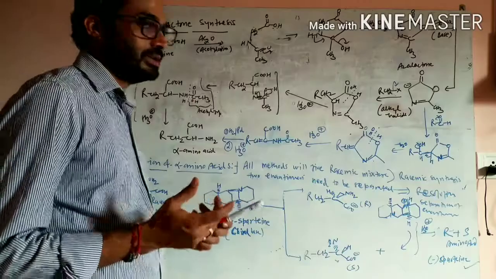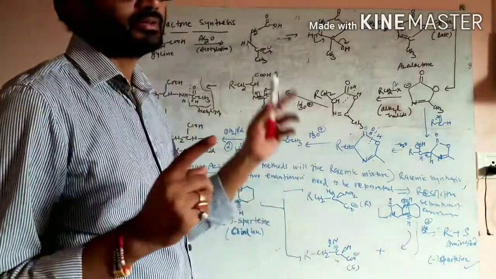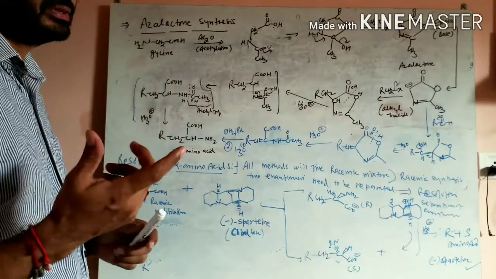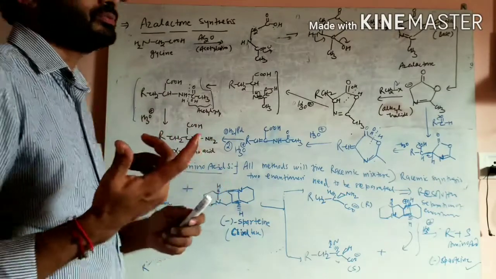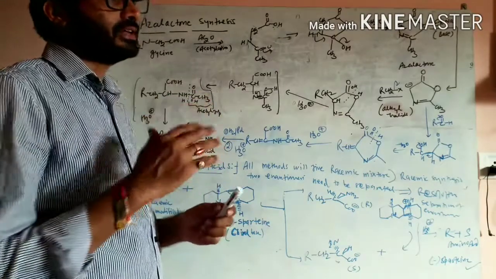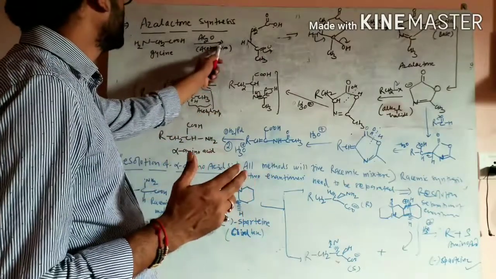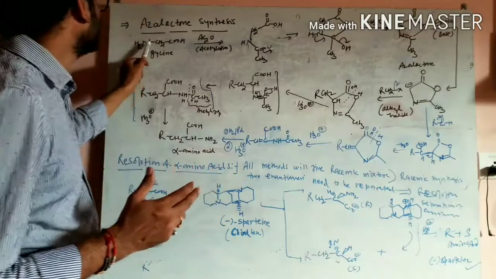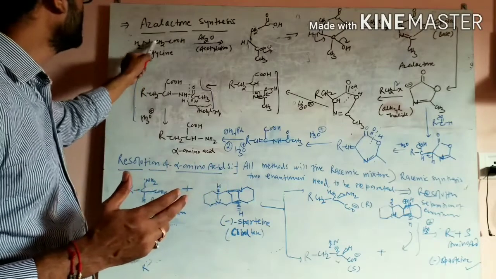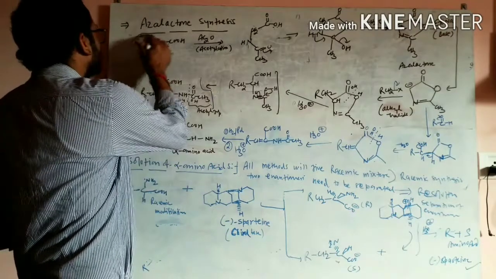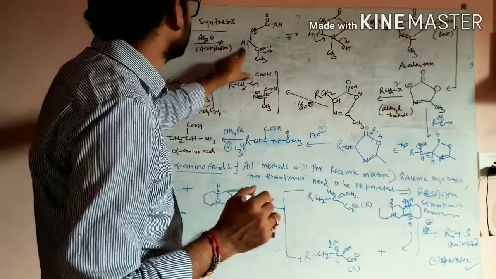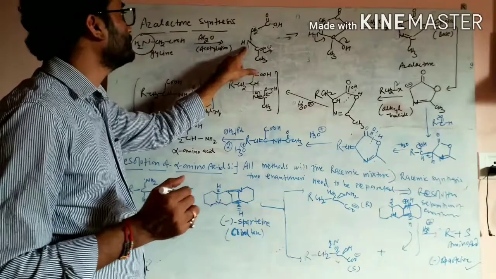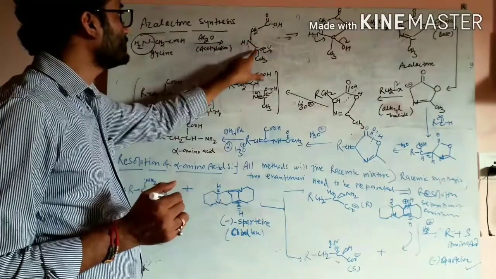We have performed this experiment in first year. If we acetylate an NH2 group or OH group, it is easily acetylated. So the acetyl group will come over here. So this NH group is converted into NHCOCH3. So the acetylation will occur here, and after acetylation, this glycine molecule will convert into this acylated glycine, NHCOCH3.